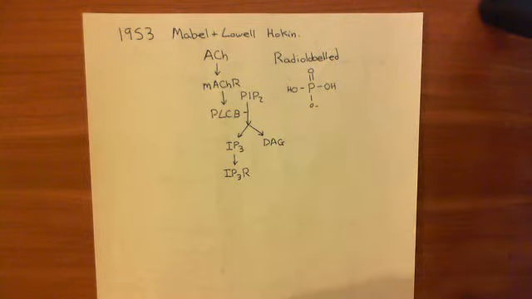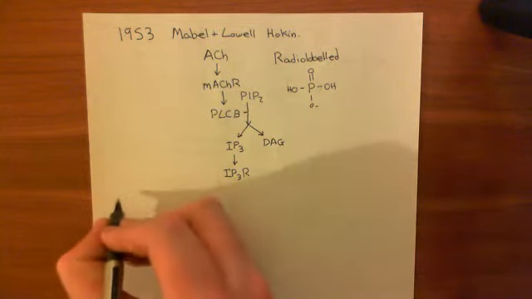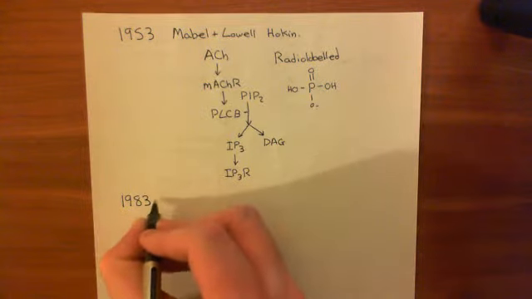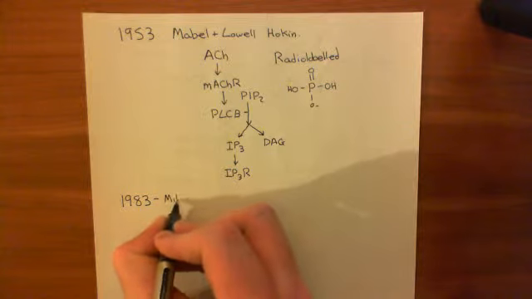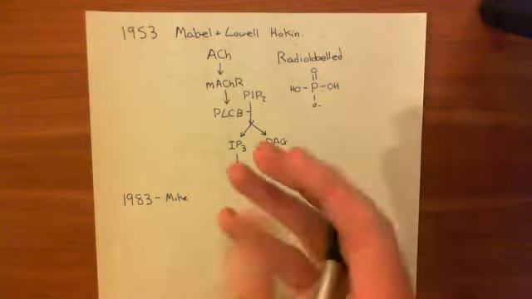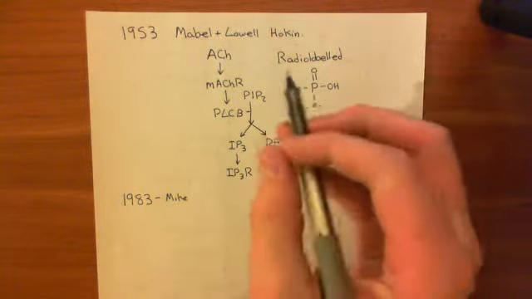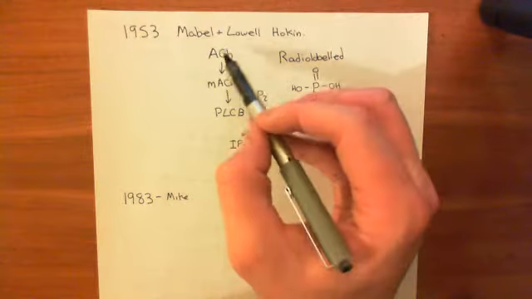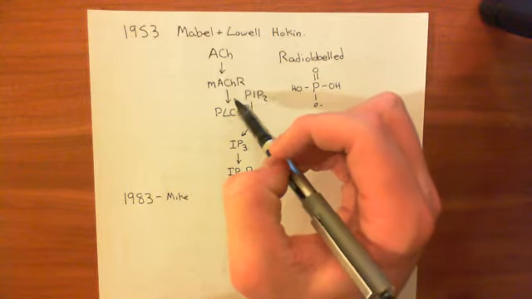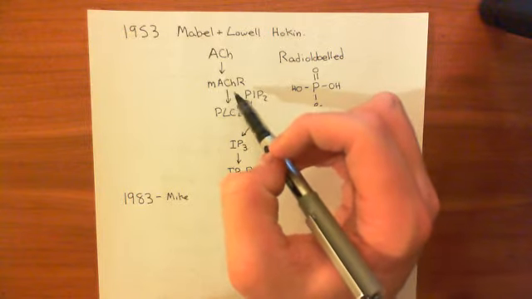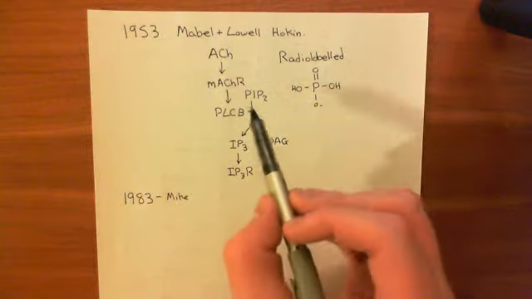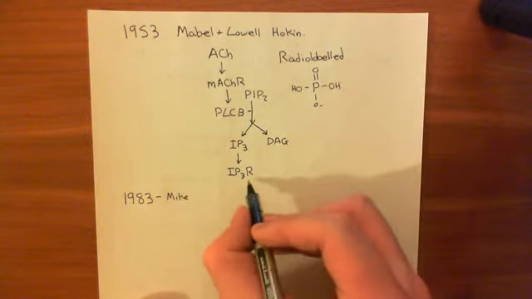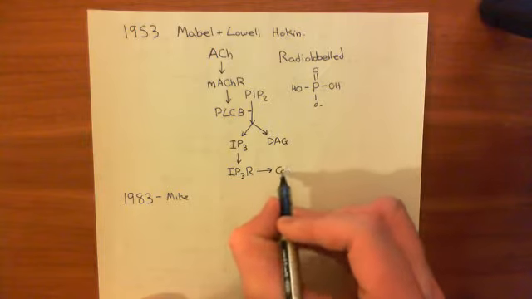Now what we're going to turn to is a little bit later, in 1983, Mike Berridge managed to get a grip on whether the phosphoinositide response, which this acetylcholine was stimulating through this muscarinic acetylcholine receptor, preceded the calcium response, because the IP3 receptor, by the way, is going to lead to calcium going up in the cytoplasm.